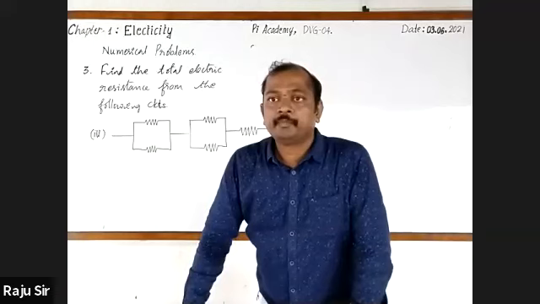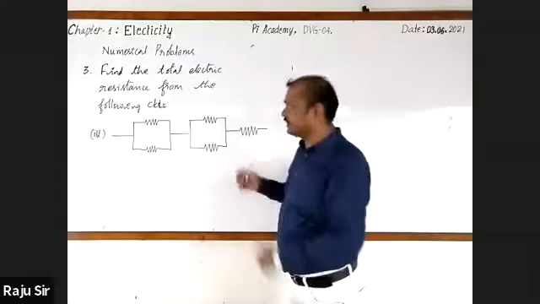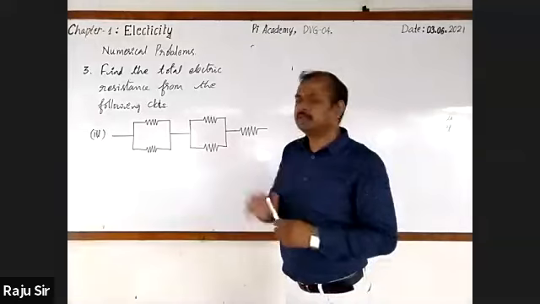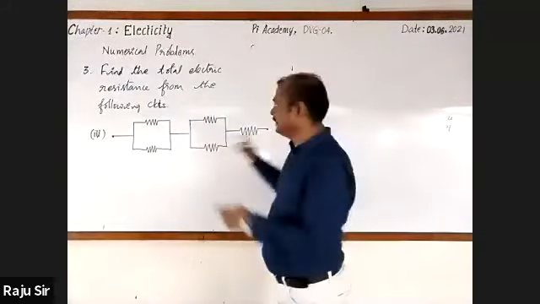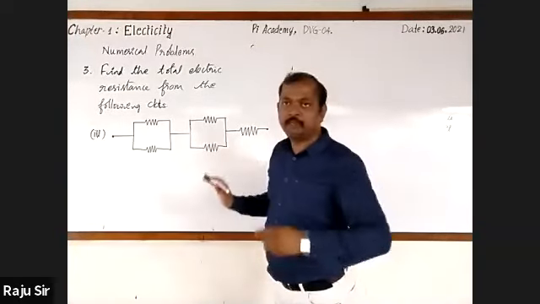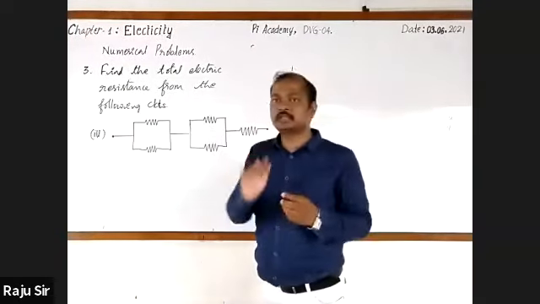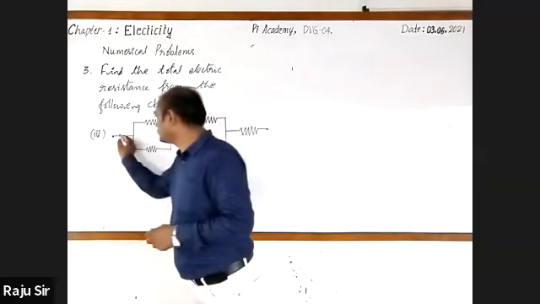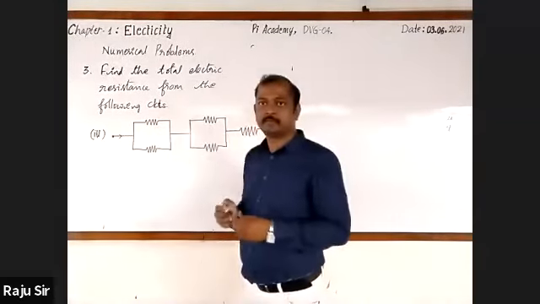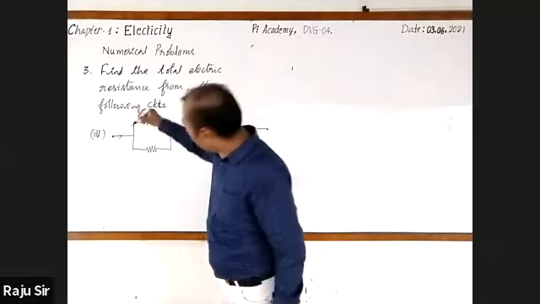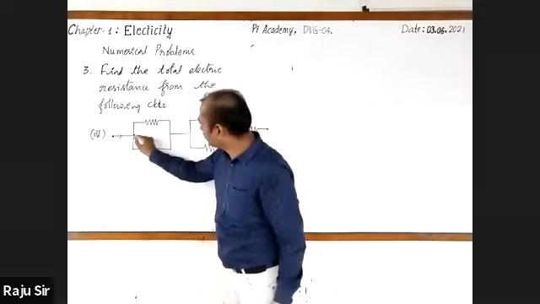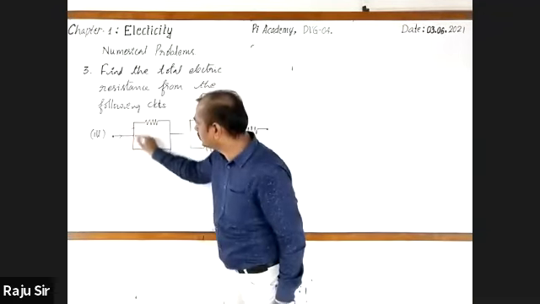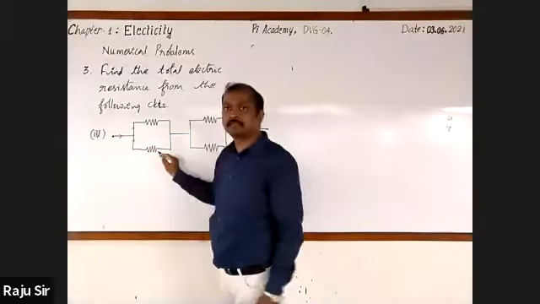Now let me give you their values, that is their resistance. Before that, one piece of information: this combination has been connected to the terminals of a battery along with a switch. Assume that the current is flowing from this side. When current comes to this point, it gets distributed to these two resistors.